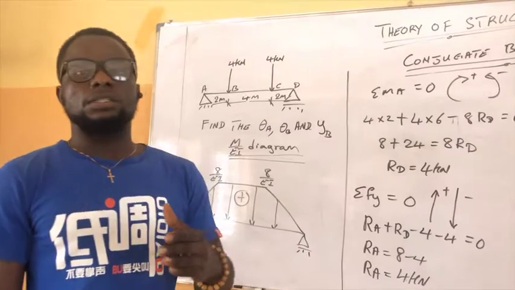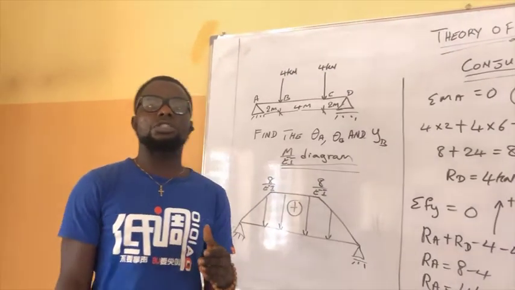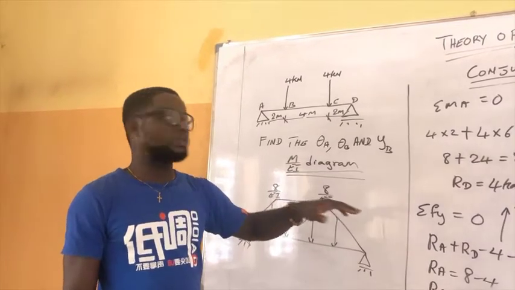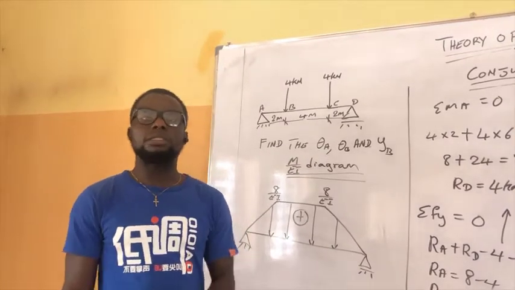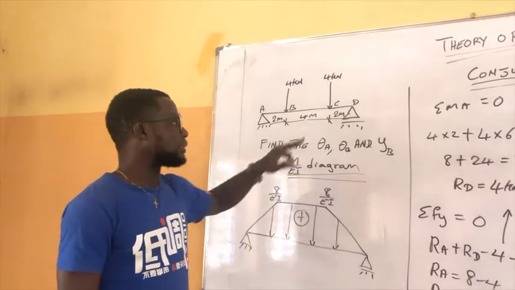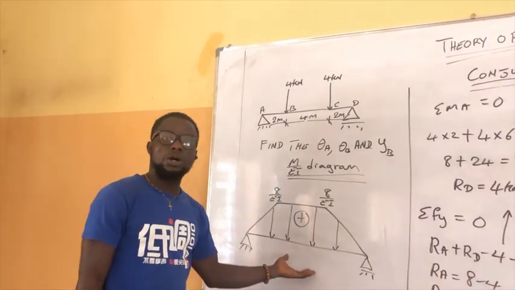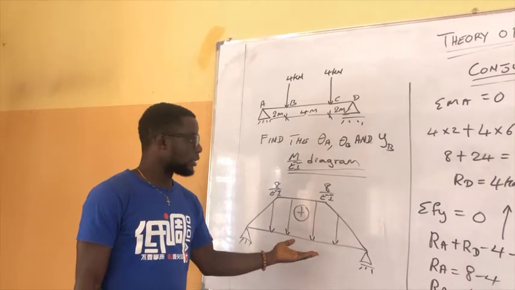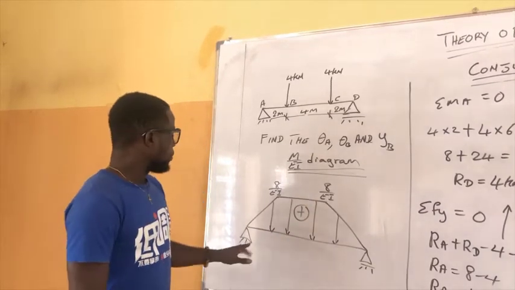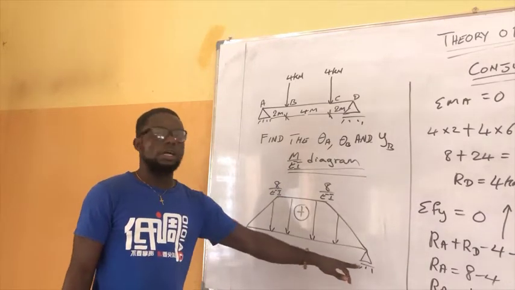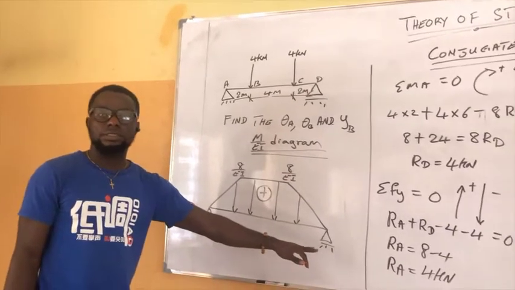The rotation is equal to the shear force at point A and also at point B, while the deflection is the moment at point B on the conjugate beam. So what we're going to do now is get the reactions at point A and point D if necessary.